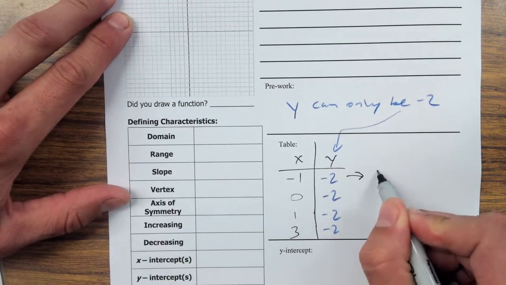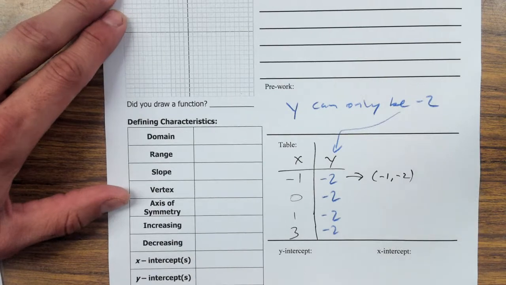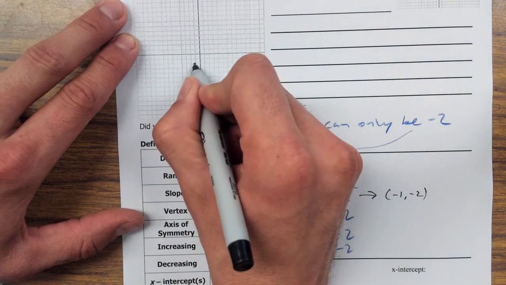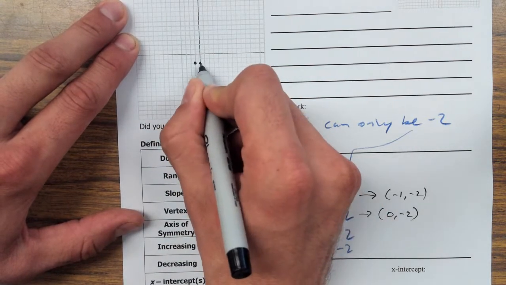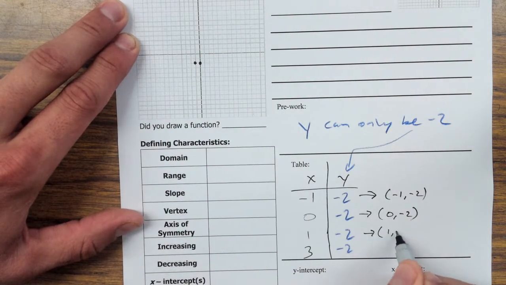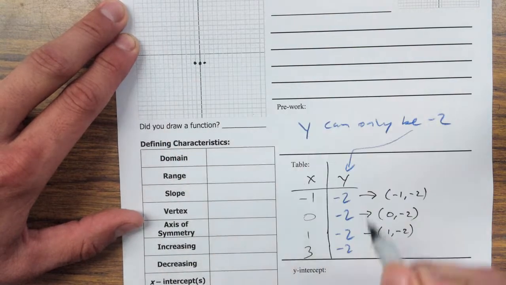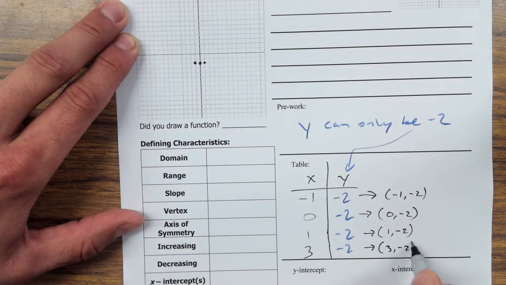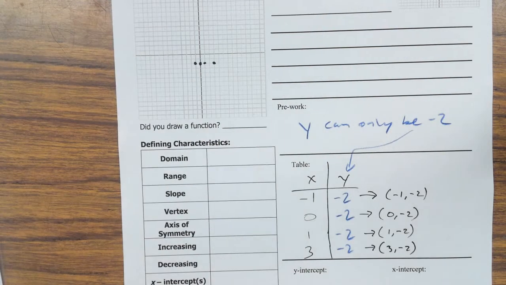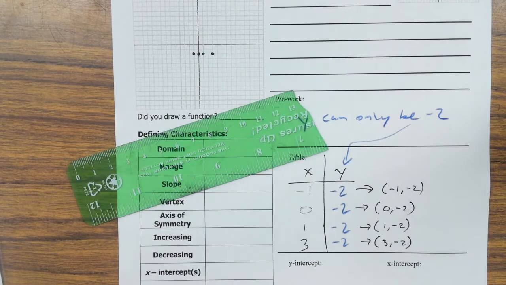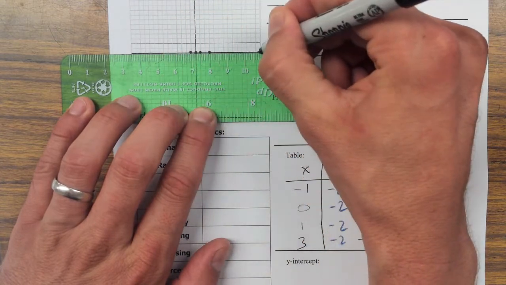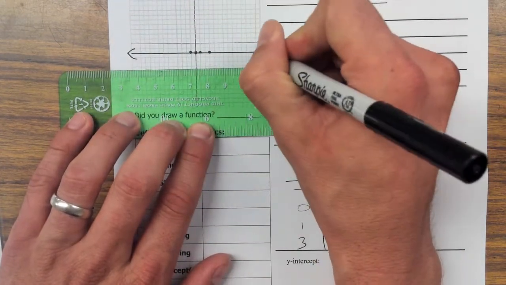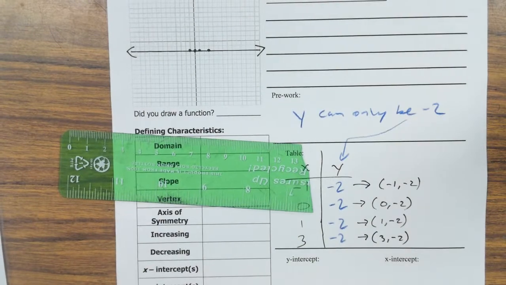Plotting these, put a dot at (-1, -2), (0, -2), (1, -2), and (3, -2). If you line those dots up with your ID card, ruler, or protractor, you can see they are perfectly side to side, which creates a nice horizontal line.